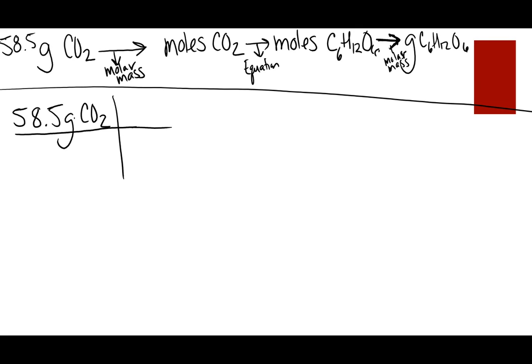So remember, we're going to let the units guide our problem. Whatever unit we're getting rid of, that's going to go on the bottom. So grams of CO2. And I'm going to tell you right now, it's really important that you start writing grams of what, or moles of what. It's going to keep your problems clean, clear, precise.